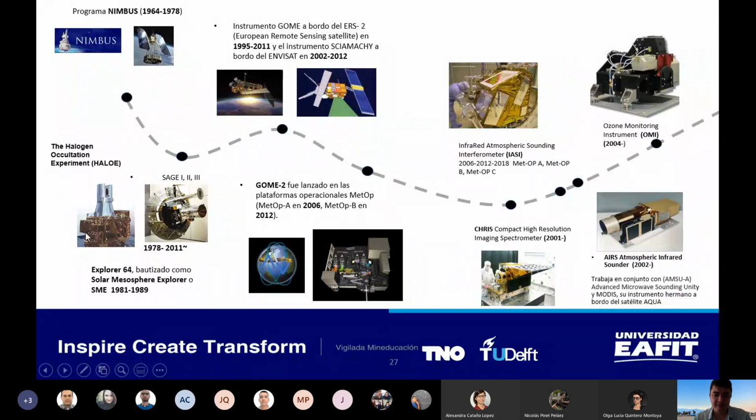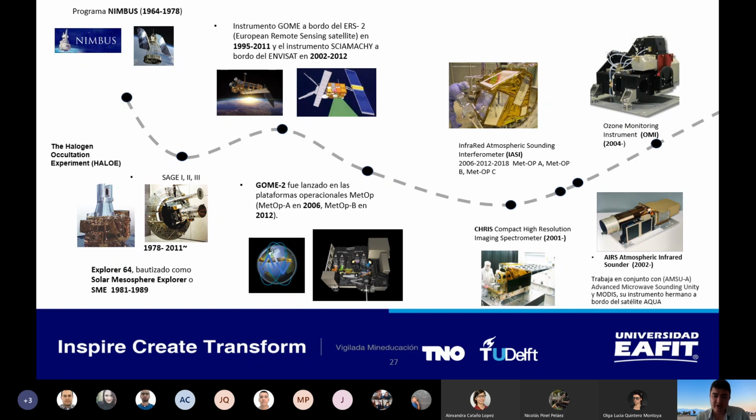Instruments of the different sounding methodologies, the ENVISAT and SCIAMACHY, and in 2002 the operational satellite nowadays, the government platforms, and spectrographs in orbit that let us understand the chemistry.